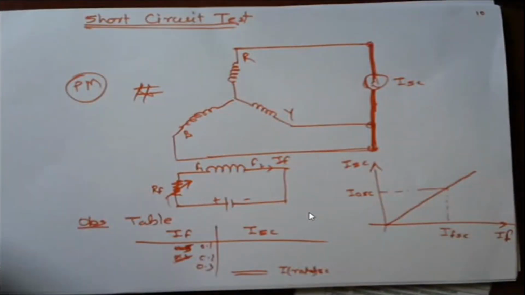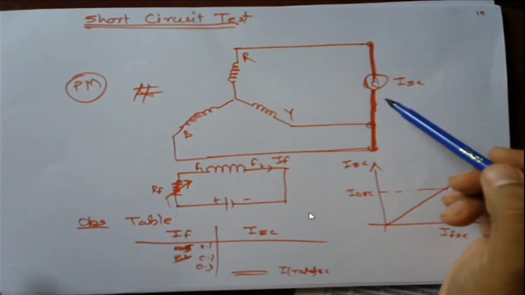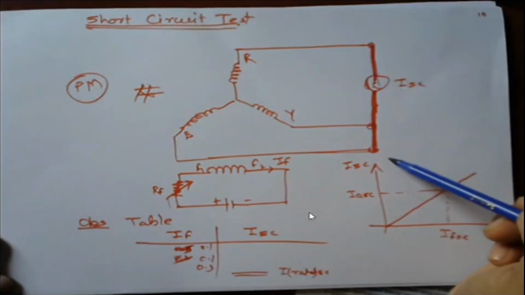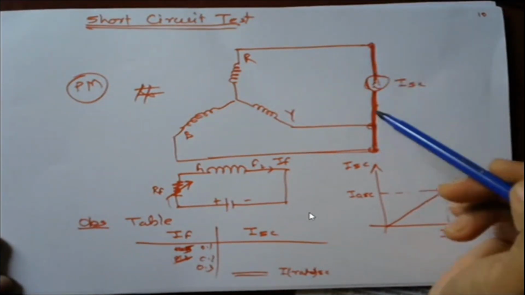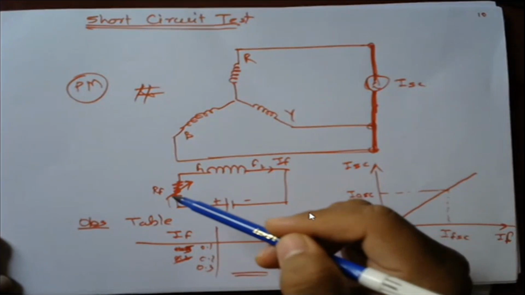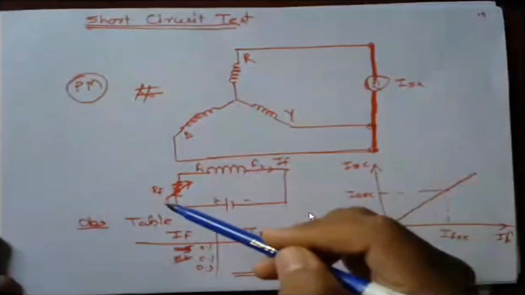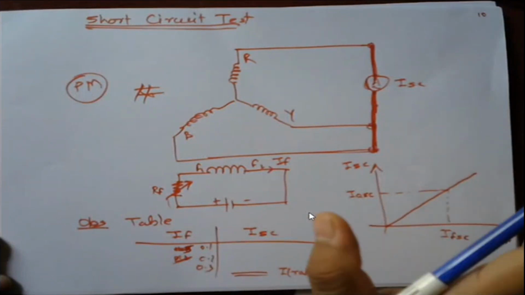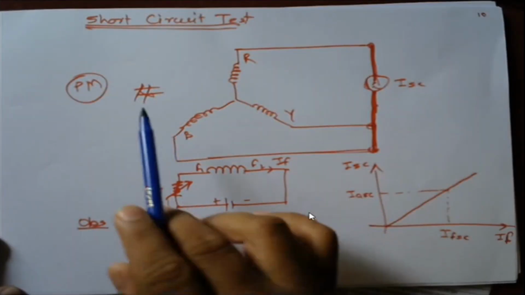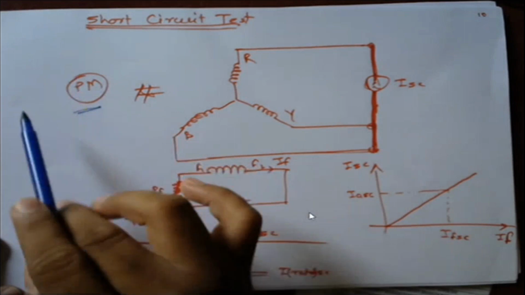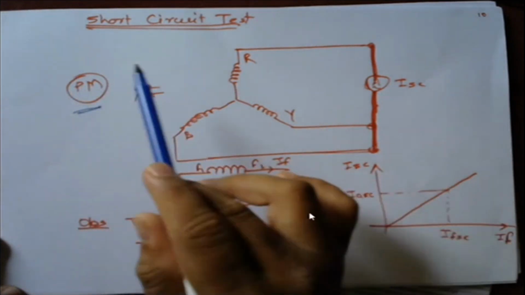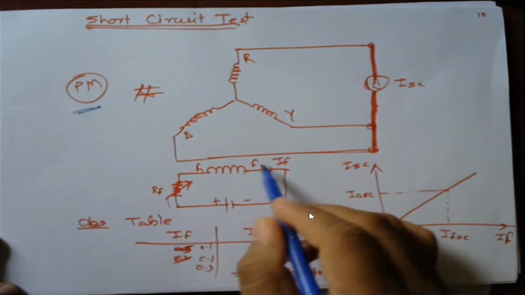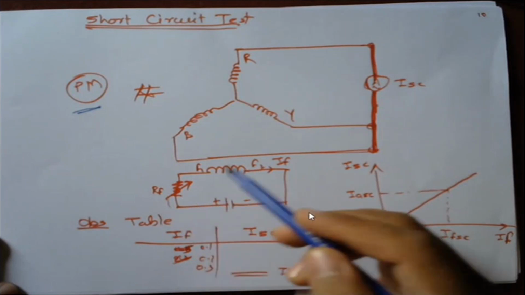After that, we have the short circuit test. So in case of short circuit, I just short circuited all these terminals. In this case, care must be taken that we keep the excitation 0 at the time of starting. The prime mover is started, and the field will start rotating again.